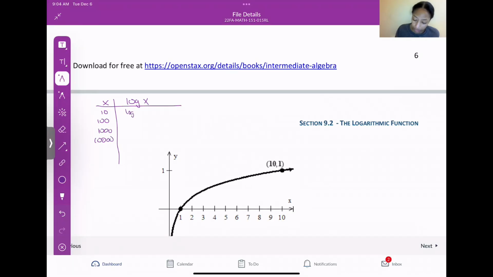Then log of 10 is 1. Log of 100 is 2. Log of 1,000 is 3. Log of 10,000, we just did that one, is 4. So we get the points (10, 1), (100, 2), (1,000, 3), (10,000, 4).